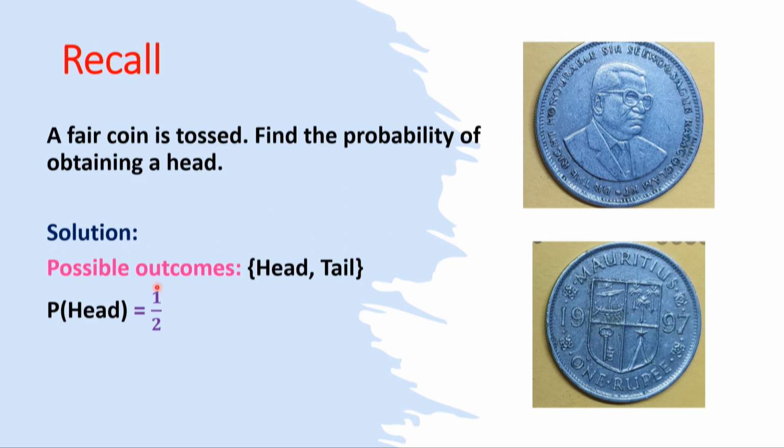So the numerator will be 1, the number of outcomes favorable to E, where E is obtaining a head. Divided by the total number of possible outcomes. Here we have 2 possible outcomes. My numerator will be 1 and my denominator will be 2. So the probability of obtaining a head will be a half.